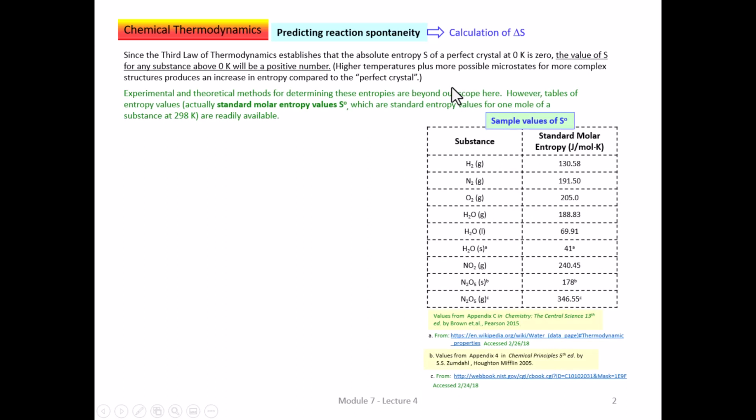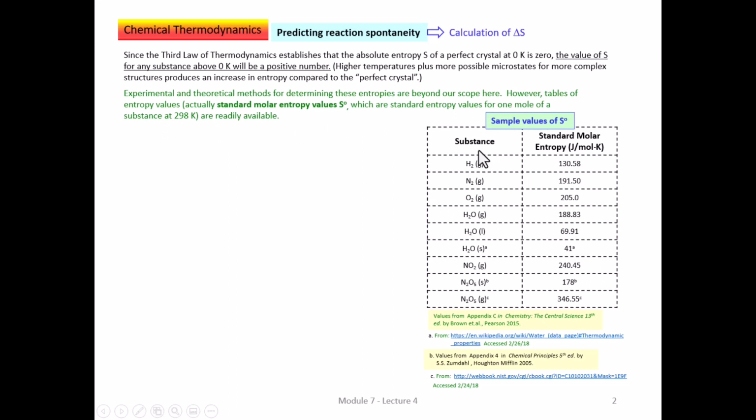Methods for determining these absolute entropies are not our business in this course. However, we can use tables of entropy values. They're actually called standard molar entropy values, which would be the standard entropy value for 1 mole of a substance at 298 K, and this information is readily available.